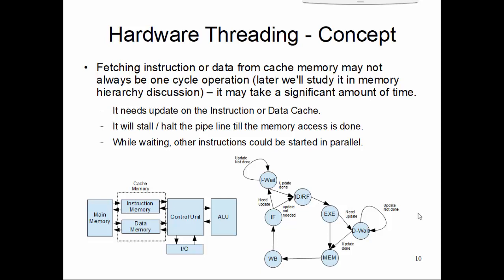So the point is, when one process gets stalled like this, meaning it's waiting for the instruction memory update or data memory update, can there be any other process whose instruction and data are present in those instruction and data memory? Can they start? Okay.